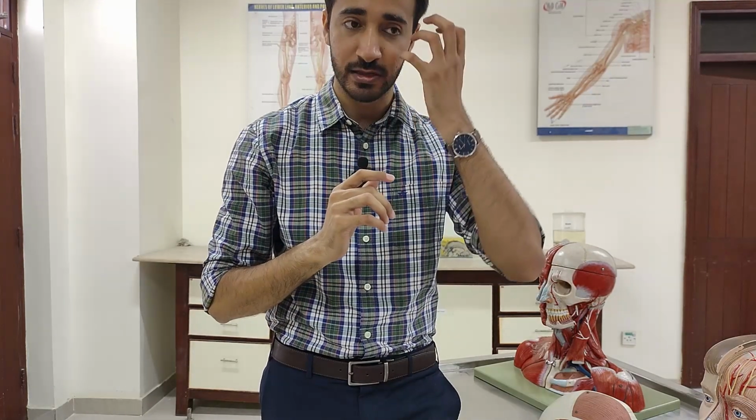So what happens when this nerve fails, or gets damaged? The muscles of facial expression get paralyzed. Because gravity acts on these muscles, and if it's affected on one side, they won't act to maintain their tone and pull the muscles. So there's going to be drooping of the eyelid and drooping of the lower lip or the angle of the mouth.